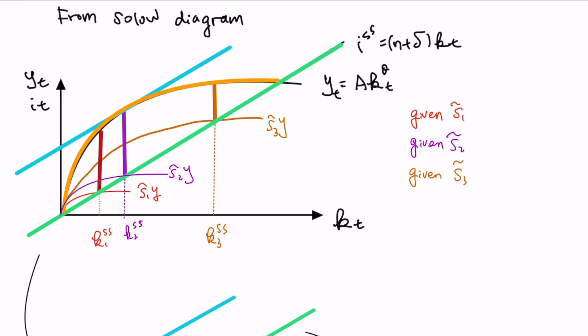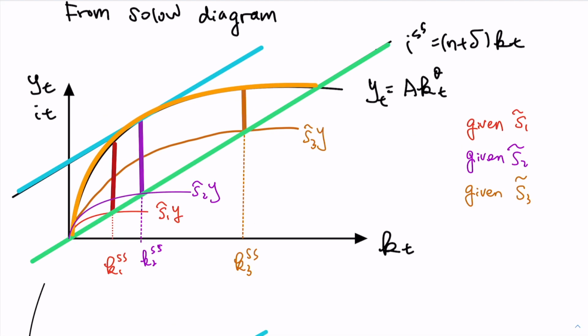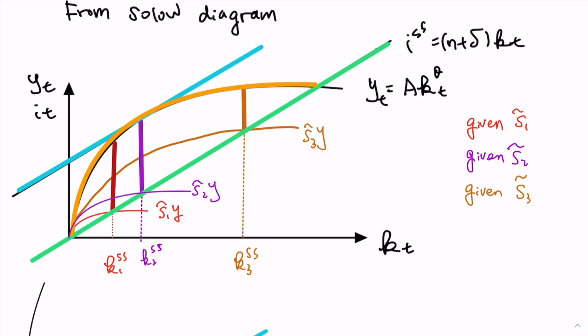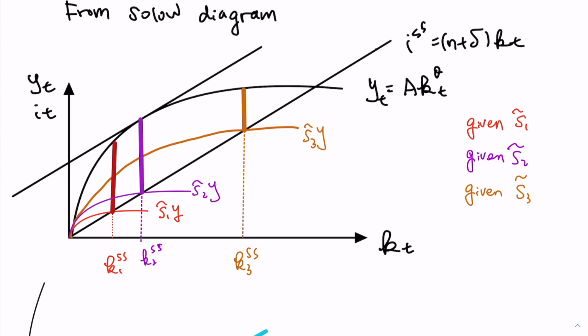So then we can put this blue line back into the Solow diagram we had earlier. And we will notice that this particular line has to be tangent to the production function, while it needs to be parallel to the steady state condition. So in order to find the saving rate that maximizes the consumption for a Solow model, we need to draw a line that is tangent to the production function and parallel to the steady state condition.